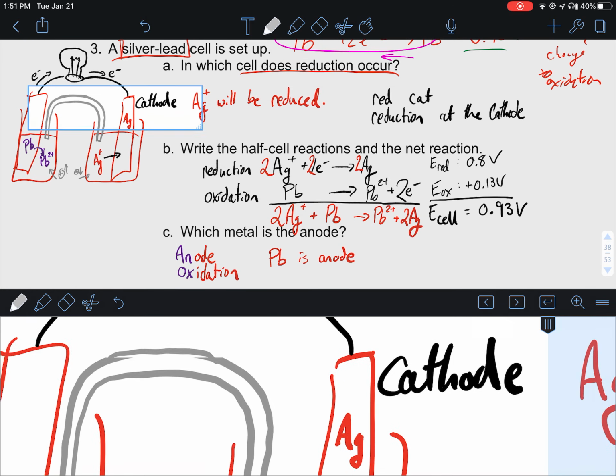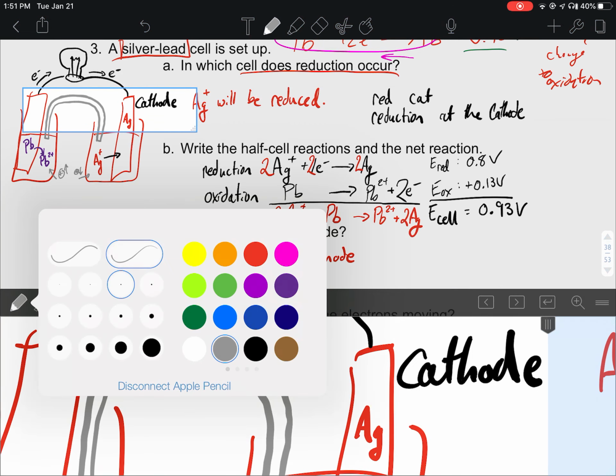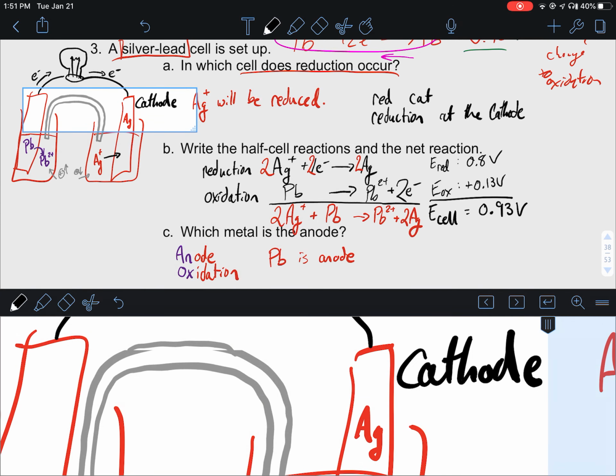And this tube will have inside of it some sort of ion. In this case, we could think that it has maybe some potassium chloride. How about that? So the potassiums will go down this side of the tube and try to fill in the charge that's missing from those silver ions leaving. And the chlorine will move down this tube to counter the extra lead that's formed.